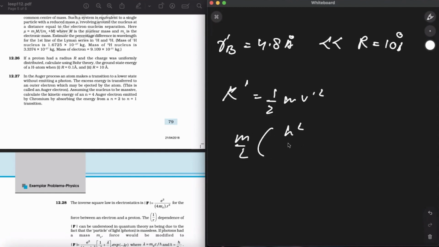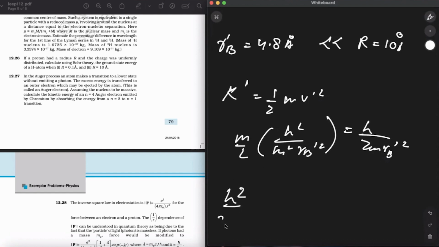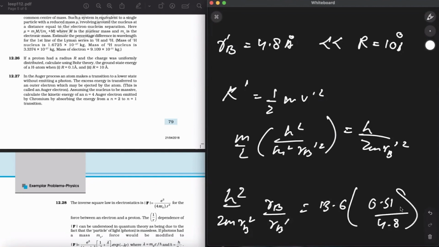It will be m by 2 h square upon m square rb dash square equal to h square upon 2 m rb dash square. So h square upon 2 m rb square into rb upon rb dash equal to 13.6 electron volt. Okay, 13.6 times 0.51 divided by 4.8 electron volt, the whole square.